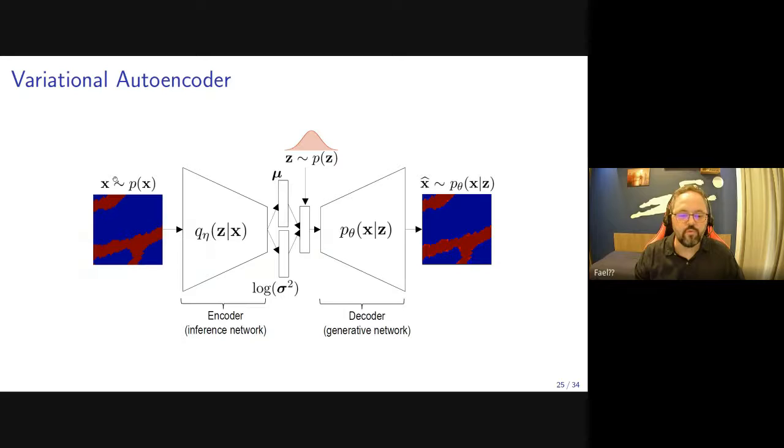In a variational autoencoder, we build a neural network that learns how to take a facies model. I got a sample of facies models generated by geologists and it learns how to represent them in a compact form. People sometimes call it latent representation. Okay, and it learns how to transform back to facies, of course.